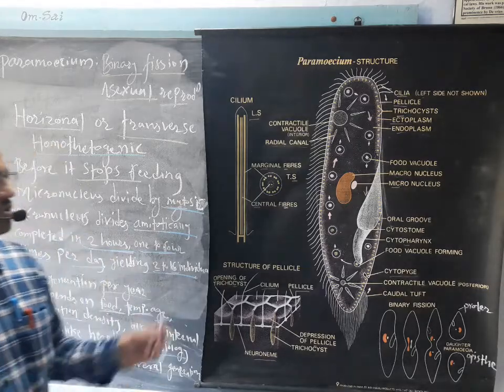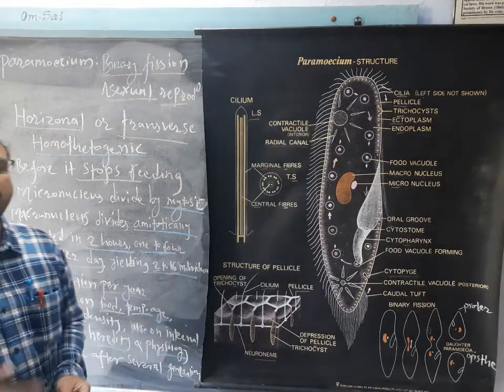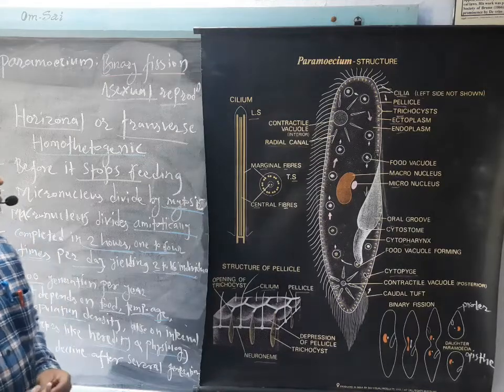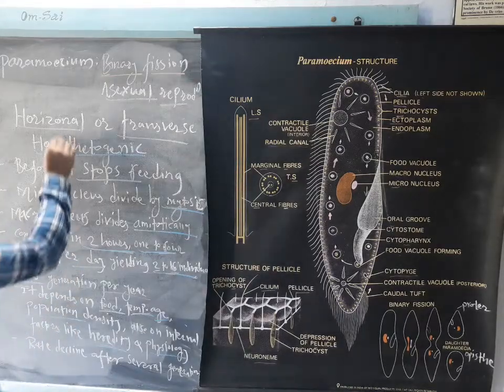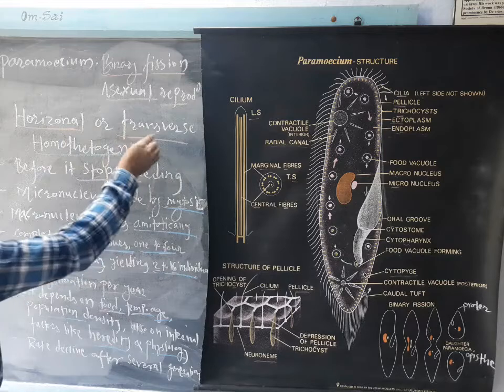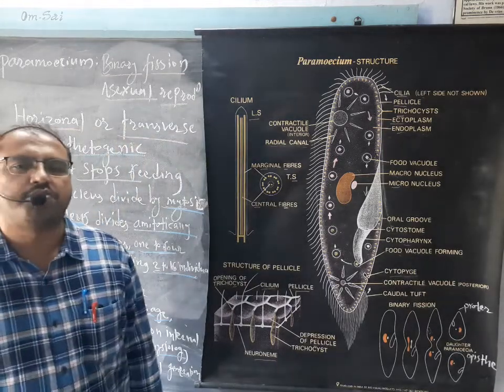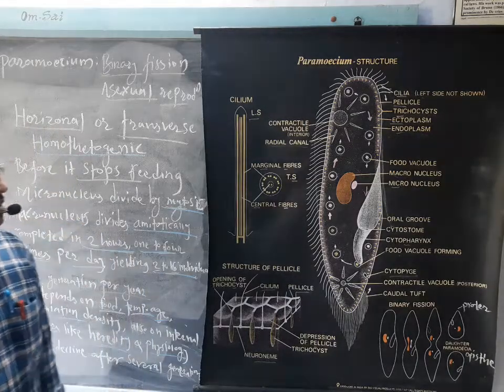So this is the whole process of binary fission, the asexual type of reproduction in Paramecium, which is carried out horizontally or transversely and is called the homothetogenic type of division.